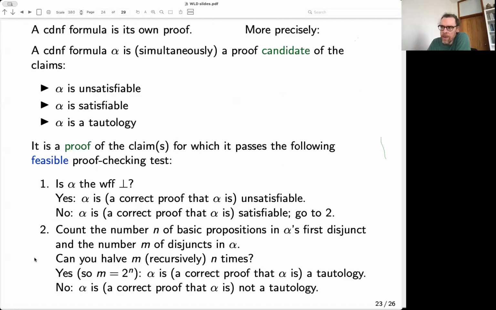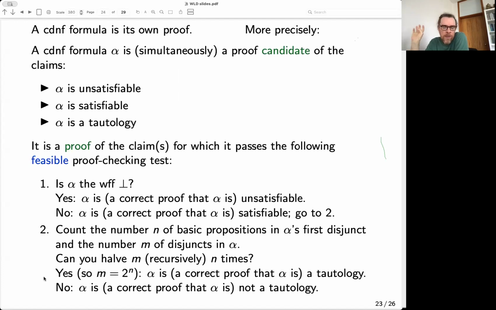Okay, so that's what's going on here. So suppose you can halve it 3 times. Well, what that means is that m is 2 to the power n. And in that case, we will say, yes, this formula is a correct proof that it itself is a tautology. And what's going on there is, well, look, suppose it's got, for the sake of example, 3 basic propositions in the first disjunct. Then there are only 2 to the power 3 ways of assigning truth values to those things.